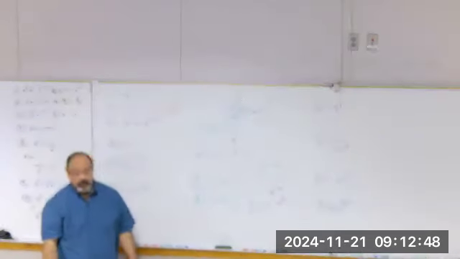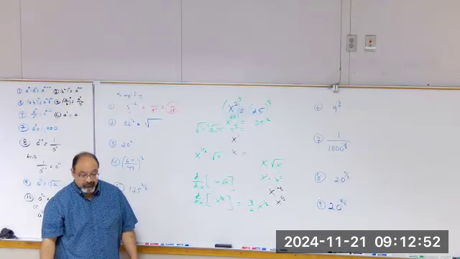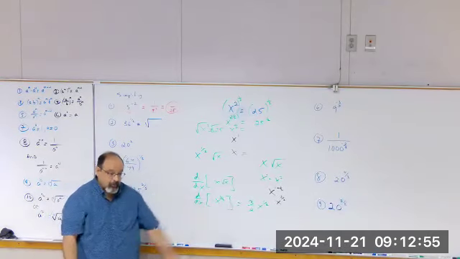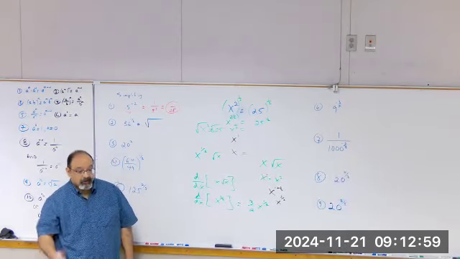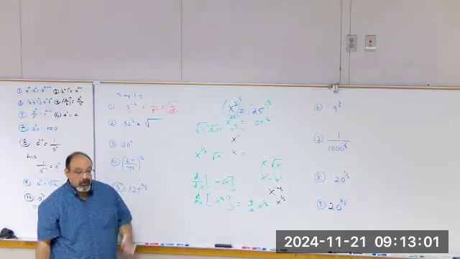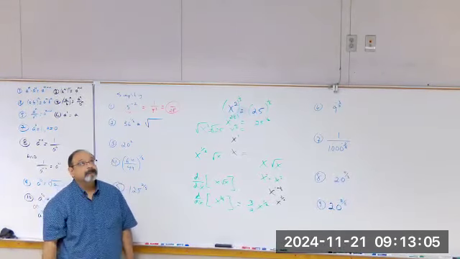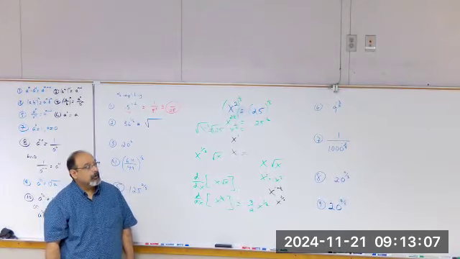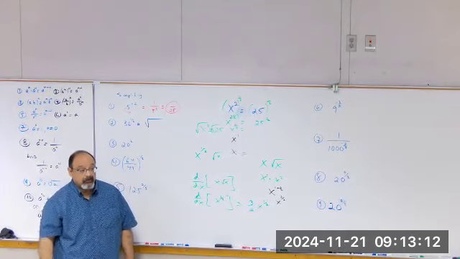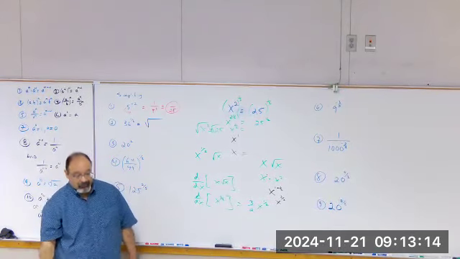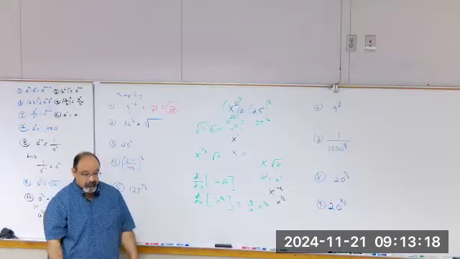Now I can use what's called the power rule. When I take the derivative of the power, I use the power rule. You have the power rule, the chain rule, the quotient rule, the product rule, all the trig rules, the inverse trig rules, the logarithm rules, the exponent rules.